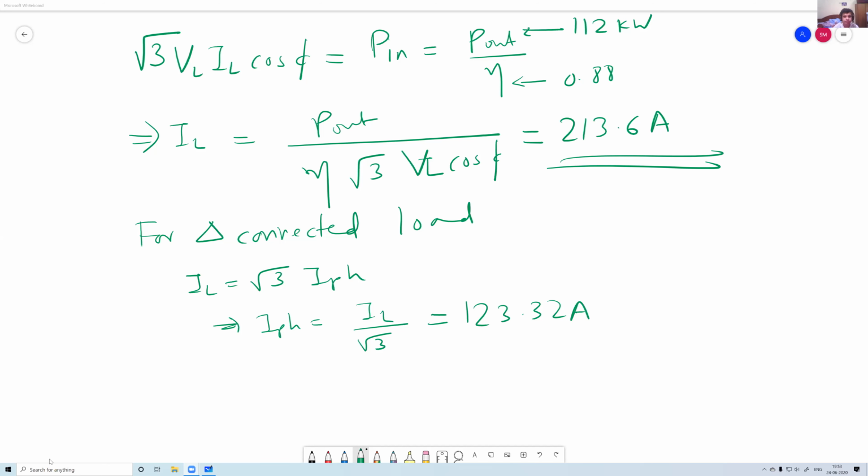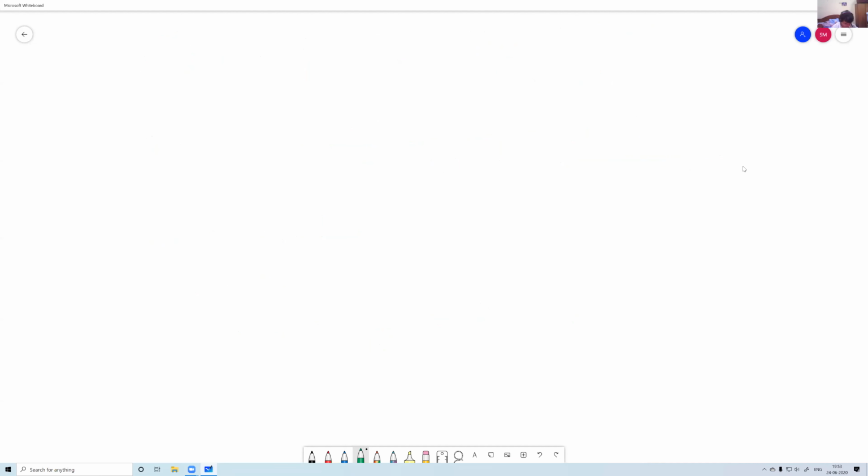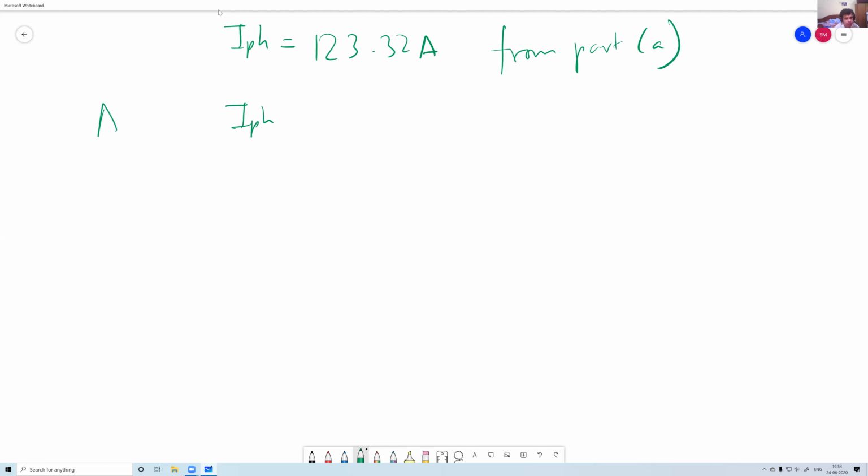So clearly, I phase was 123.32 amps from part A. So I phase active is I phase cos phi.